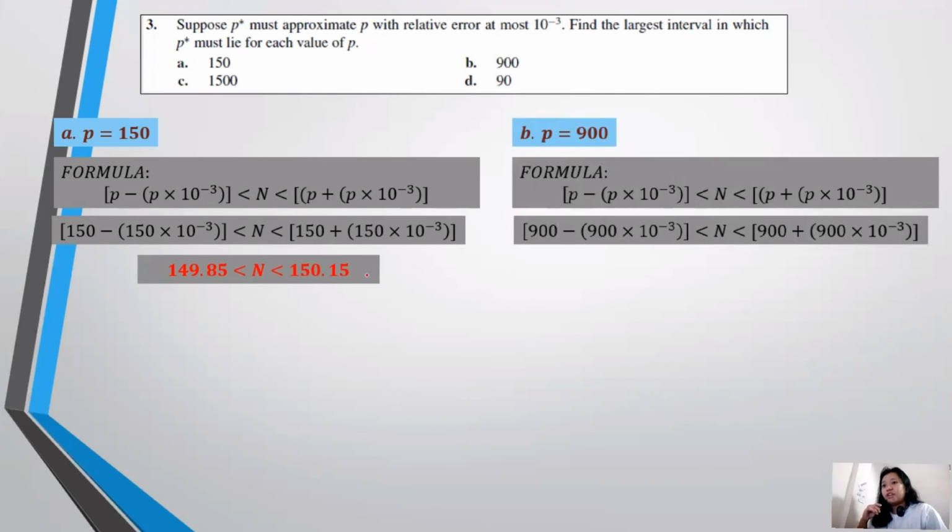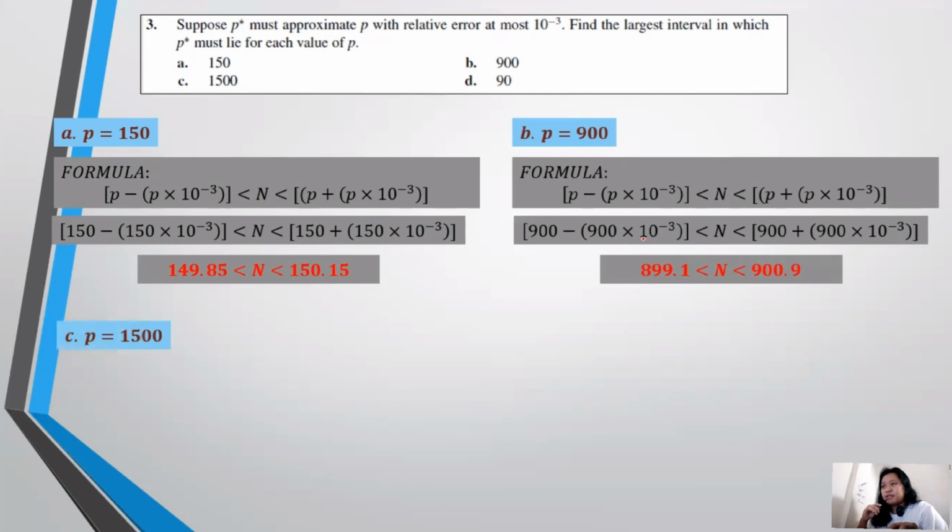So 900 minus the quantity of 900 times 10 to the power of negative 3. Then the other side is the sum. So we will be having an answer of n is greater than 899.1 but lesser than 900.9. So that is for P equals 900.